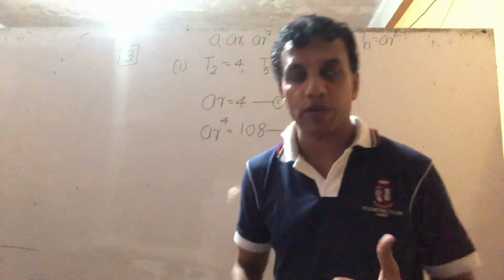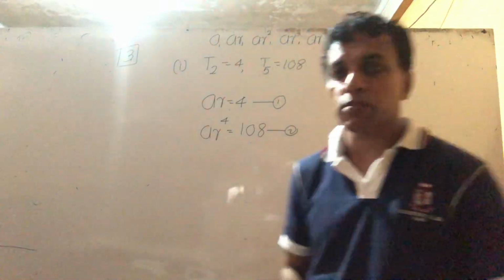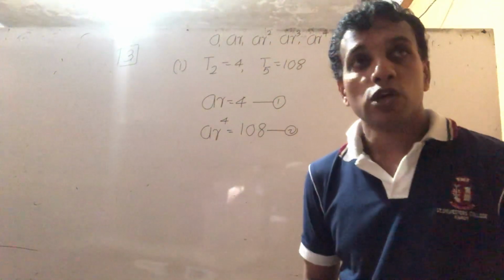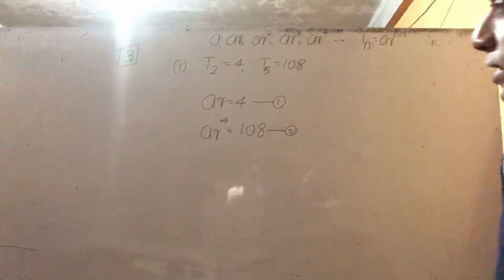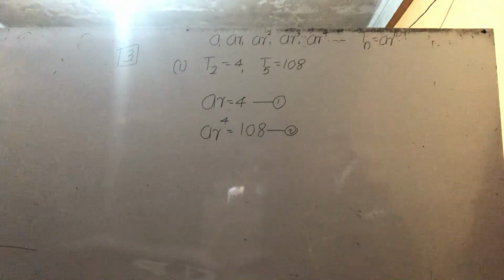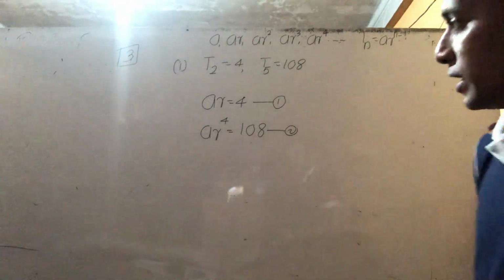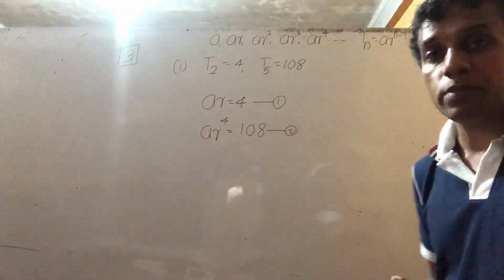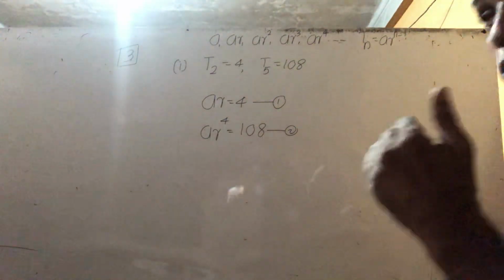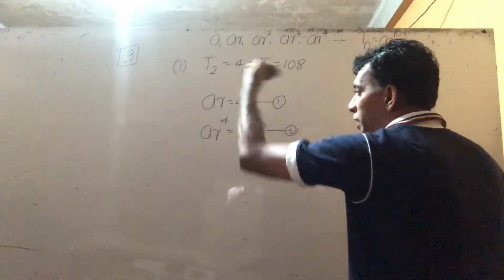Now we solve this pair of simultaneous equations to find the value of a and the value of r. In geometric series problems, the solving method is to divide one equation by the other.